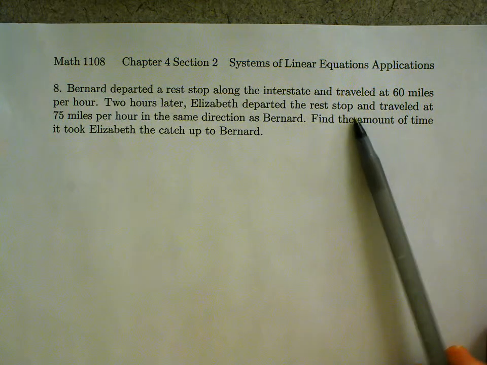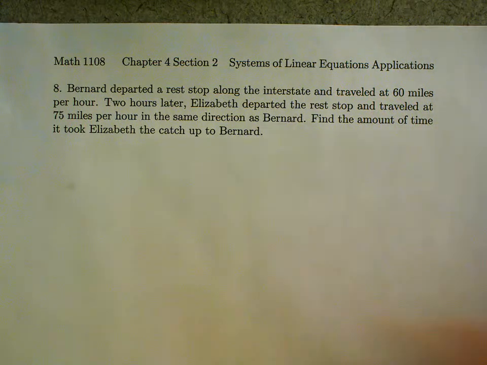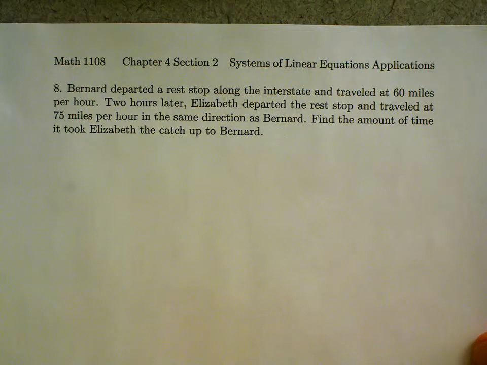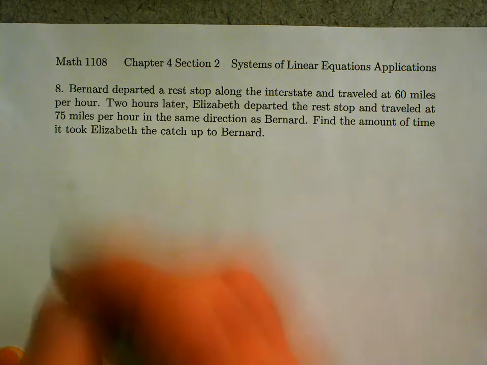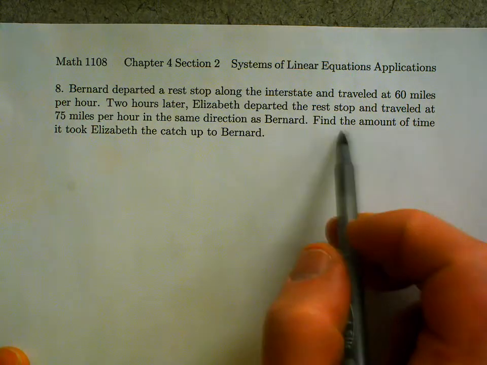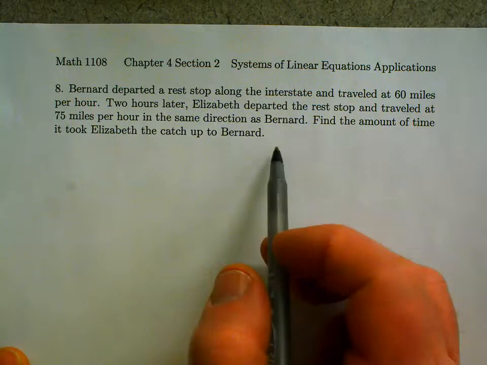This is uniform motion, meaning rate times time equals distance. So we're supposed to find the amount of time it took Elizabeth to catch up to Bernard.